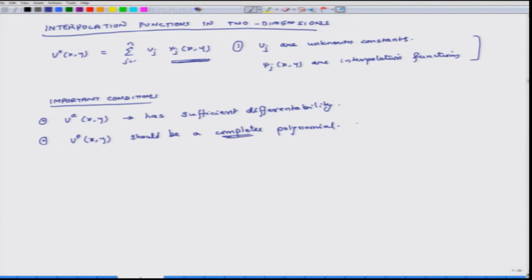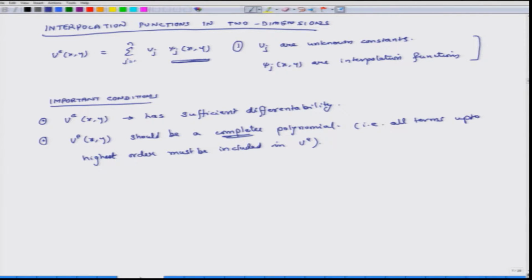That is, all terms up to highest order must be included in u e.